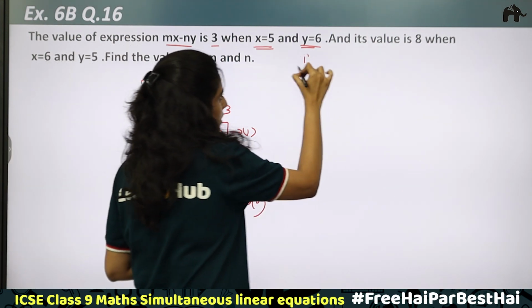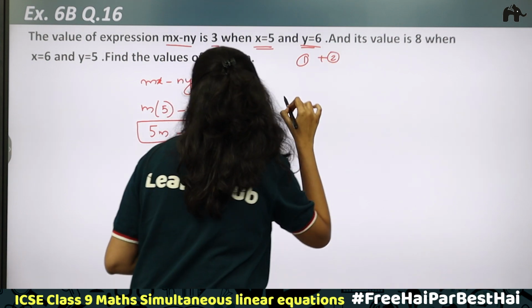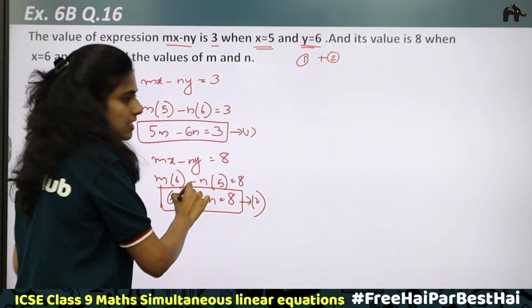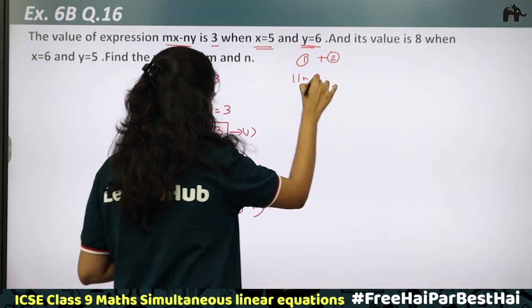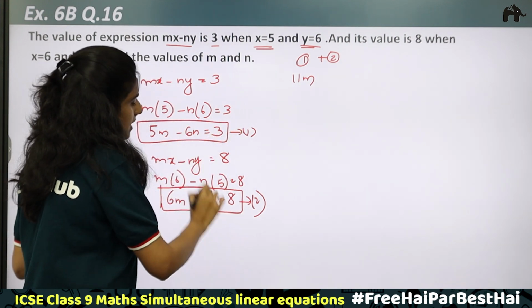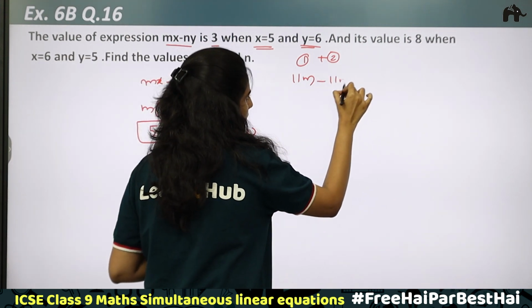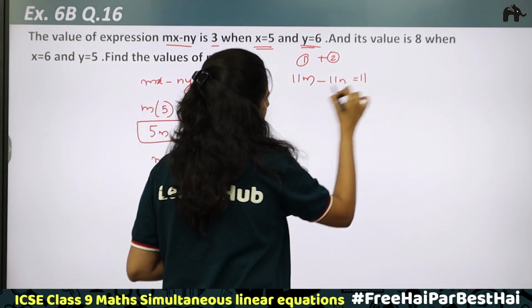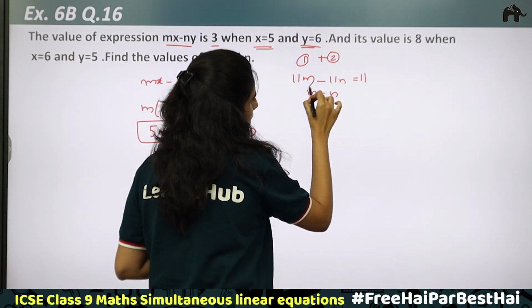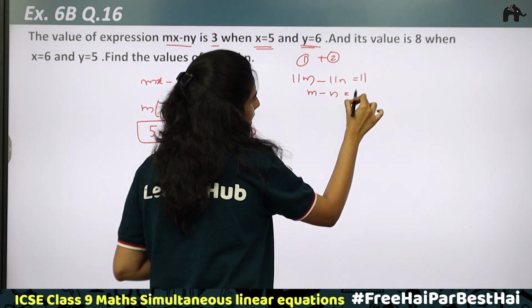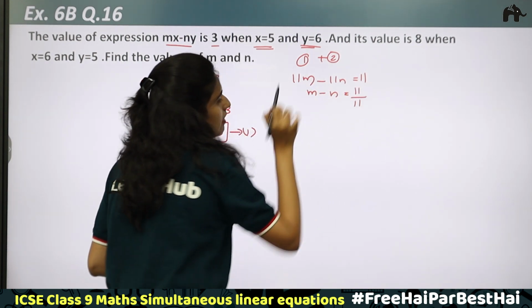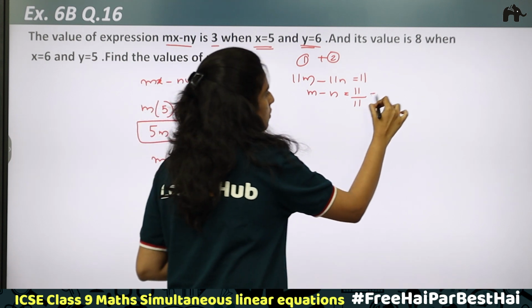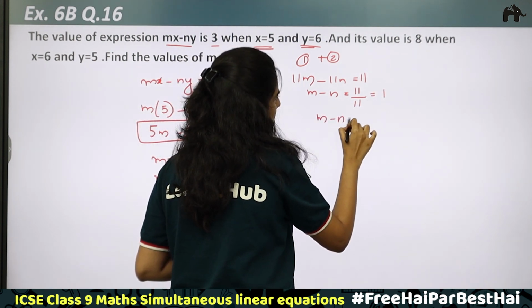Adding 1 and 2, 1 plus 2, what do we get? 5m plus 6m, that is 11m, minus 6n minus 5n, minus 11n is equal to 3 plus 8, that is 11, which means m minus n is equal to 11 divided by 11, because 11 is common, equal to 1. So m minus n is equal to 1.